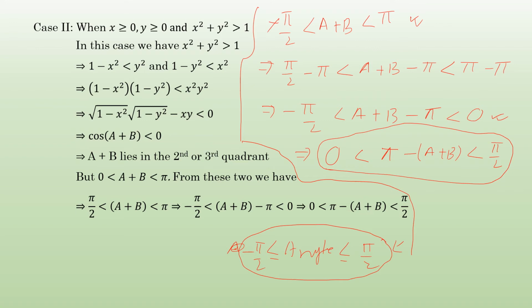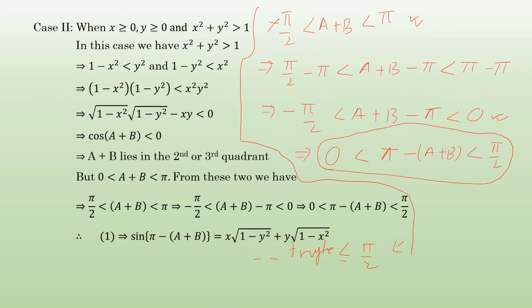So now start with the actual theorem. Actually it was, I am erasing this, you see here. Okay, so it is sine of pi minus a plus b. It is also sine a plus b.